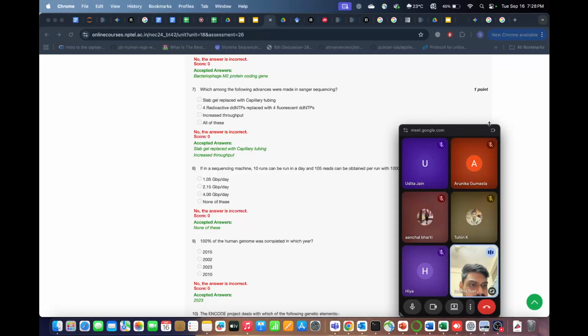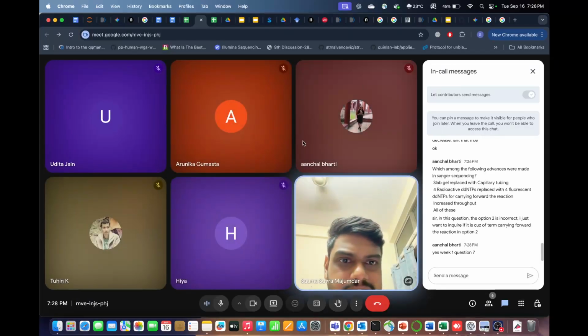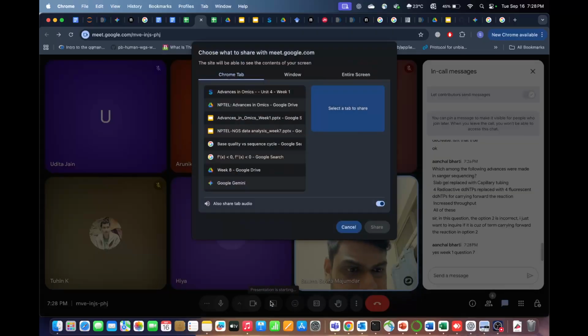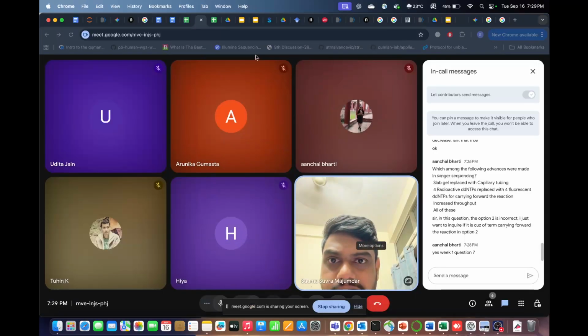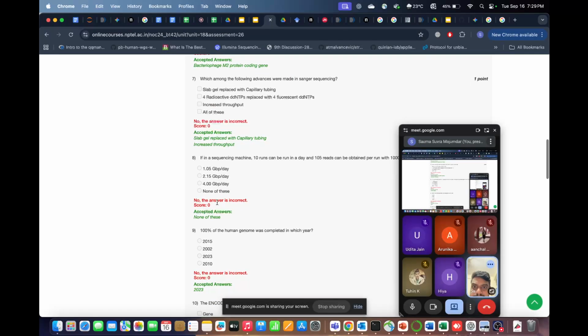So I can see separate options here. Just let me show you my screen. These are the options that are shown here. So 4 radioactive ddNTPs replaced with 4 fluorescent ddNTPs. This is my second option.